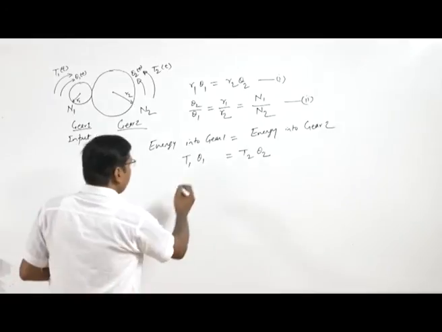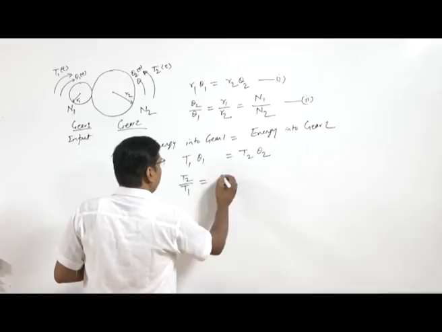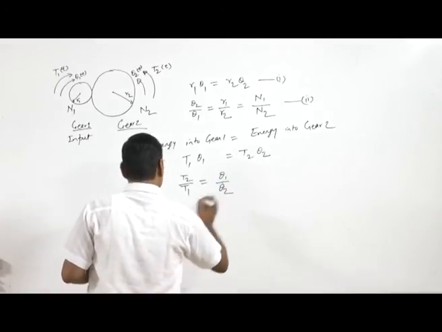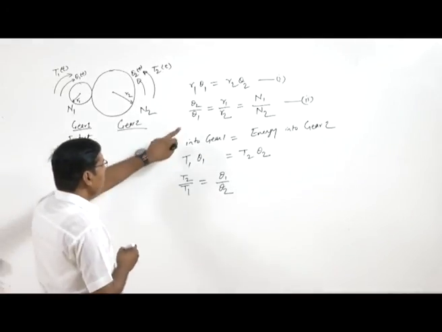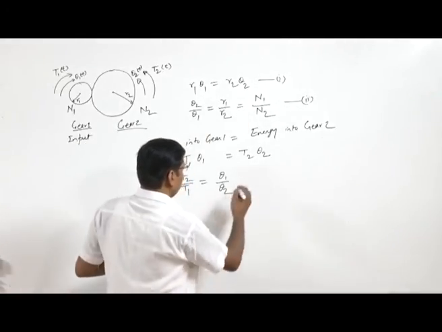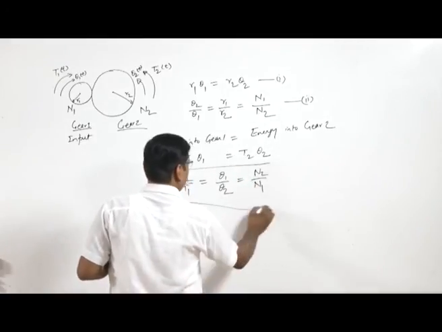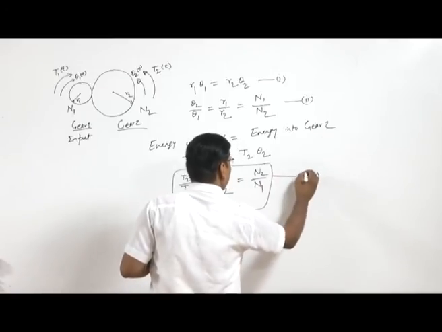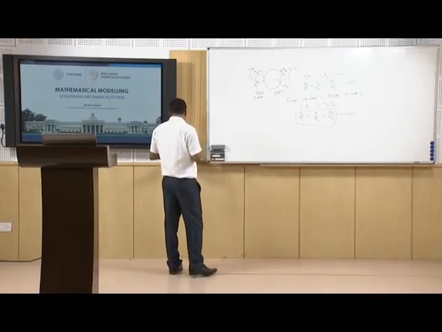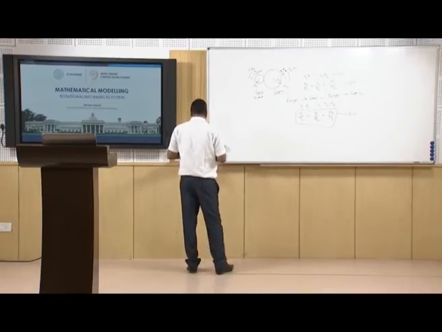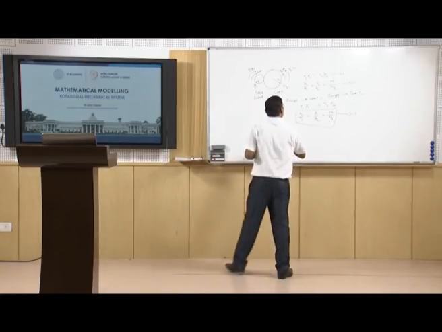So we will find T2 by T1 equal to theta 1 by theta 2, and theta 1 by theta 2 equals N2 by N1. So we can represent it like this.